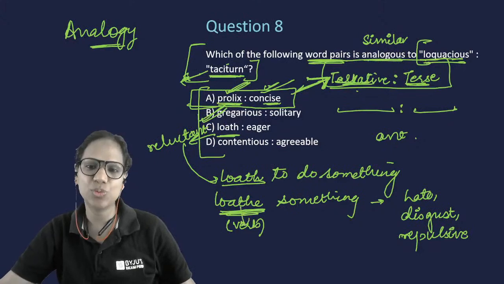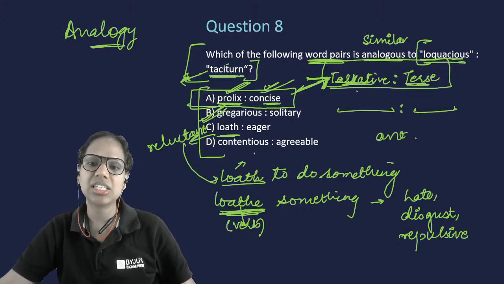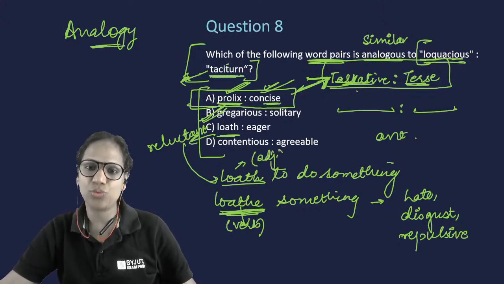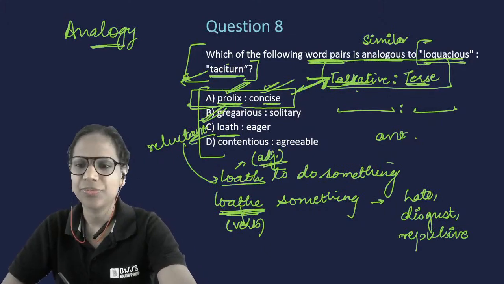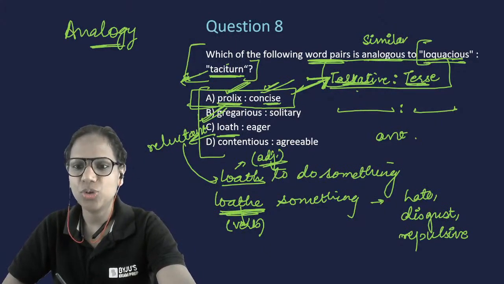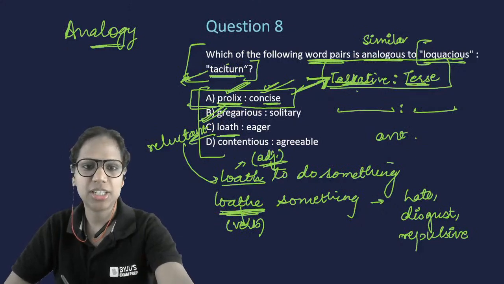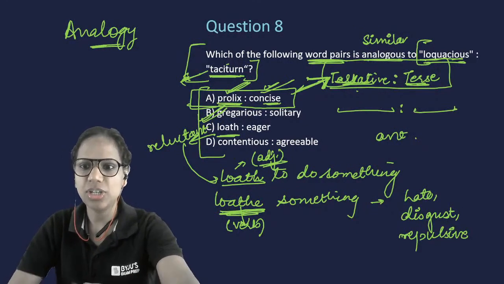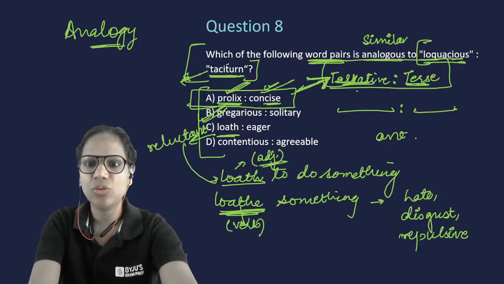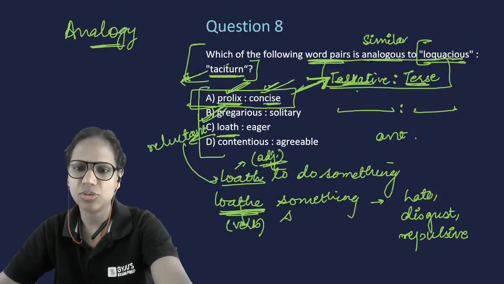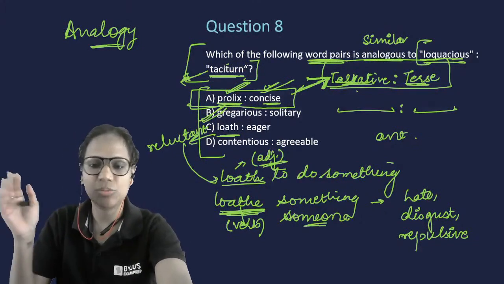This loath is an adjective. Okay. Hanji. Okay. Good, Princey. Correct. Absolutely correct. All right. So let's go to the next one. Yes, when you loathe, yes, you can loathe someone also. So if I say she loathes him, that means she hates him.